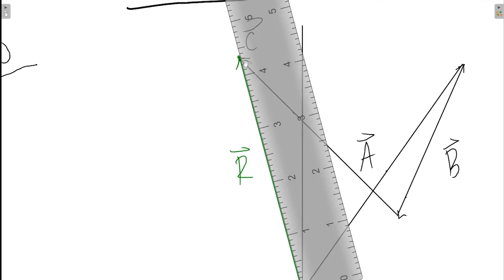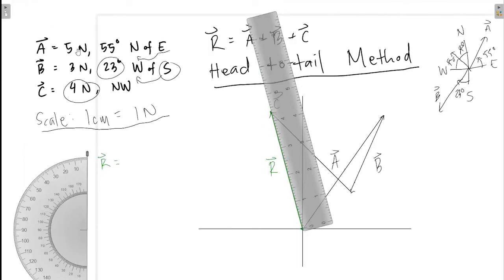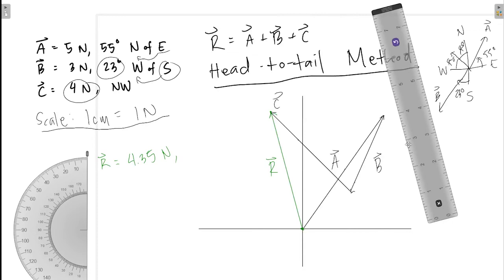That is around 4.3. Parang halfway day. 4.35. Parang ganon. 4.35 centimeters. Now, since newton dapat ang ating magnitude, using our scale, 4.35 centimeters is equal to 4.35 newtons. Okay, so that is the magnitude of our vector R.